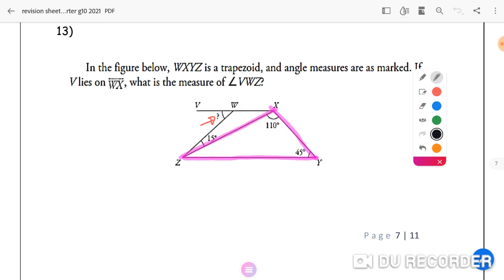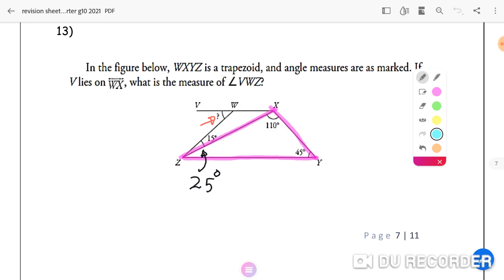So the first piece of information we need to add to this figure is the measure of angle XZY, which is 25 degrees. And also we are given that this polygon is a trapezoid.